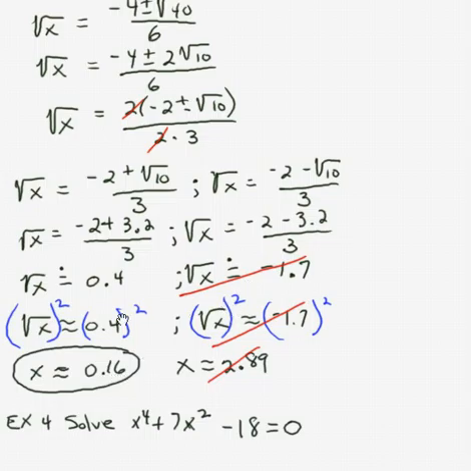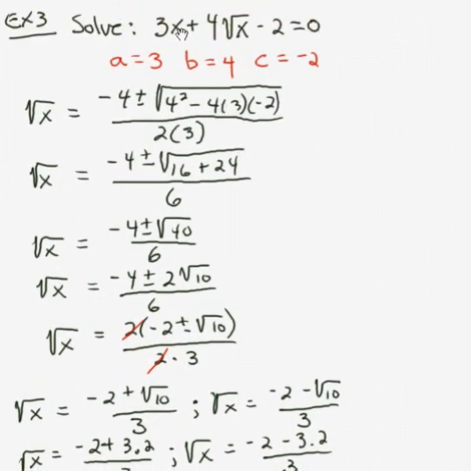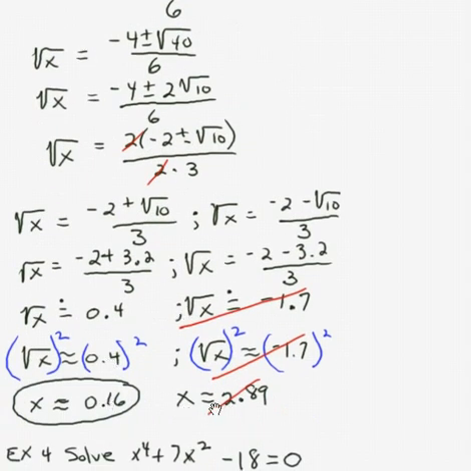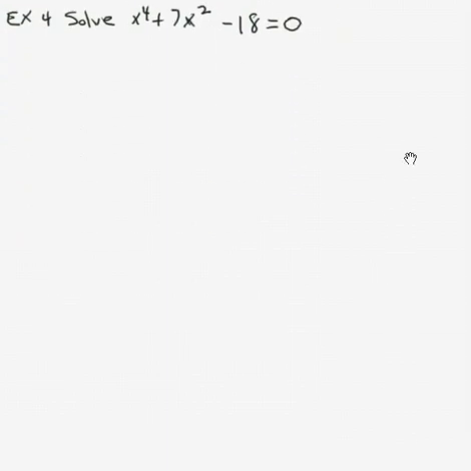Remember, when we square both sides of an equation, we can get an extraneous root. Let's look back at our original equation. Because we had x to the first power, the fundamental theorem of algebra says we were looking for one answer. We ended up getting two answers, so we must check them to see if there's an extraneous root. The 2.89 did not work. But we've done that in a previous exercise, so I'm not emphasizing checking the work right now.